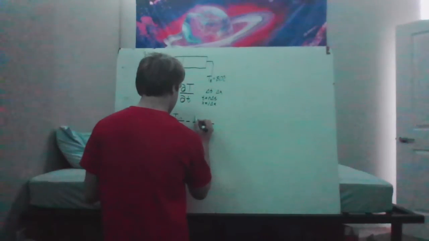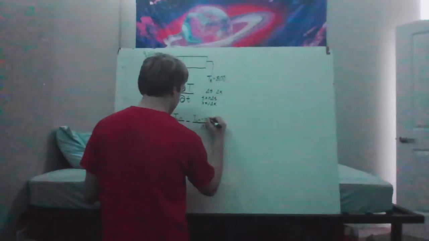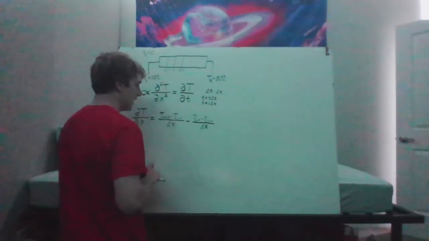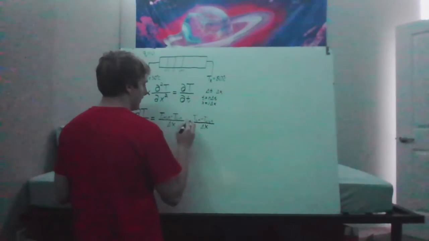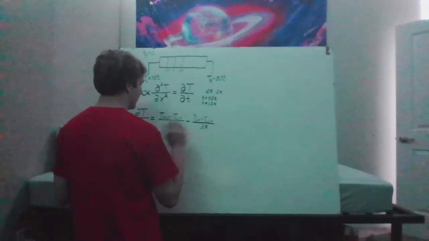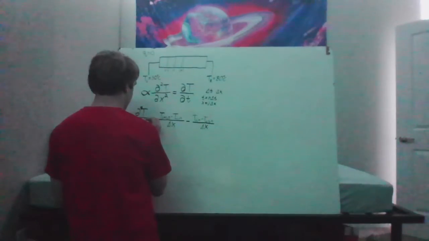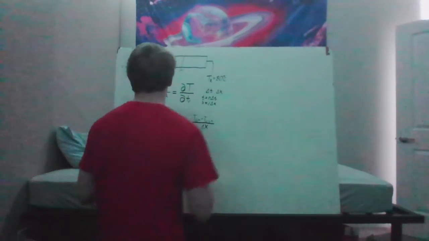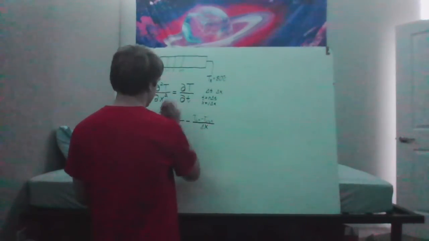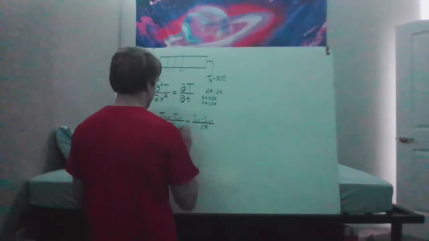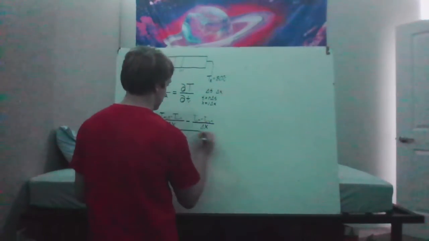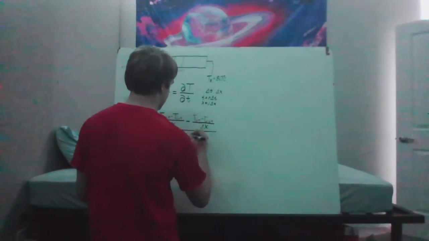So we will have t sub j comma n minus t sub j minus 1 comma n. And again, what this is doing is getting a difference between two of the first partial derivative of temperature with respect to position, and all this is going to be over delta x again.